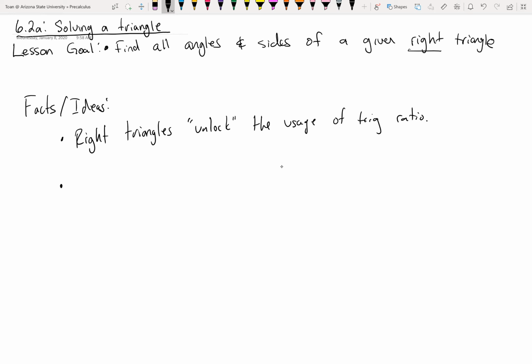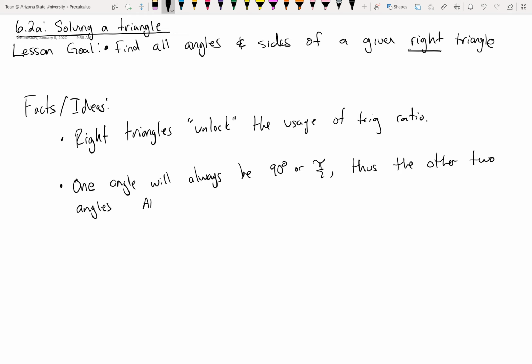Also, since by definition of a right triangle one angle will always be 90 degrees, or pi over 2 radians, the other two angles always add up to 90 degrees, or pi over 2 radians.